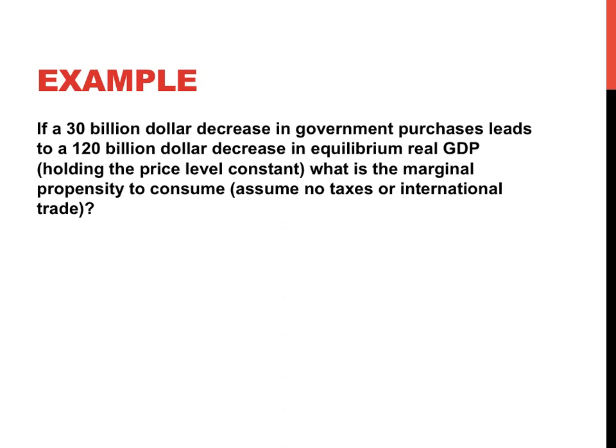Okay, so remember, the change in government purchases multiplied by 1 over 1 minus the marginal propensity to consume is equal to the change in output.